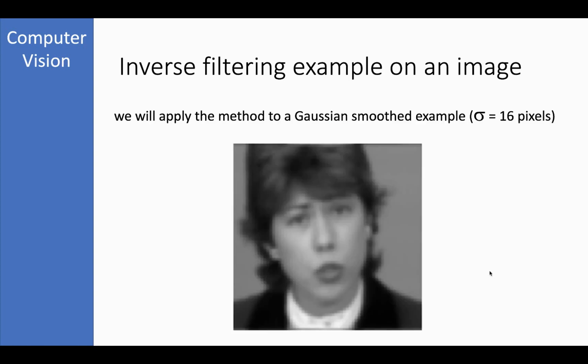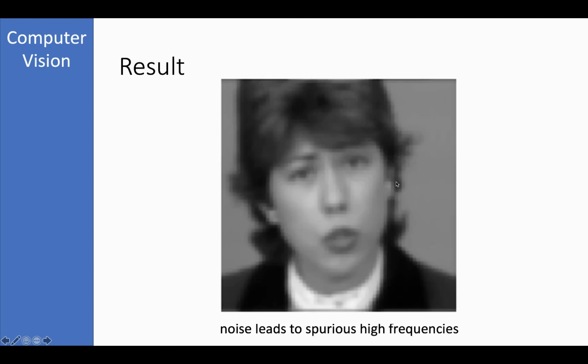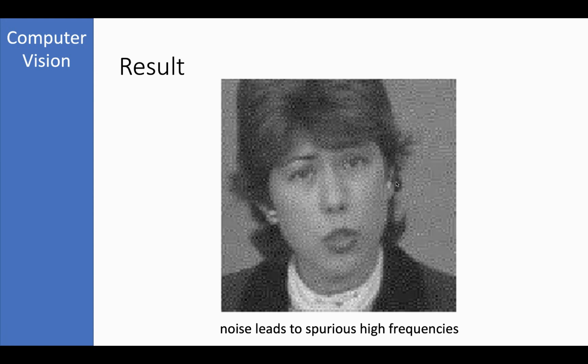What does it look like in the image? I took the image that we've seen before, and I applied Gaussian smoothing, for example, with a standard deviation of 16 pixels, so quite a large blurring, and we see that the image has been blurred. Now, let's assume I apply inverse filtering to this, and this is the response I get. You see, I get a very large number of spurious high frequencies that were not there before.